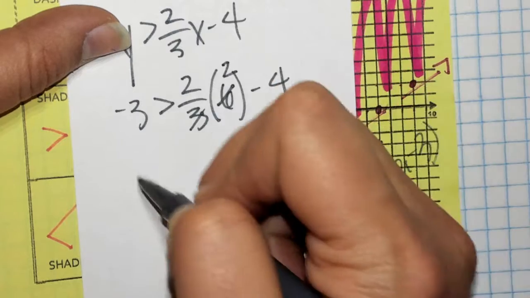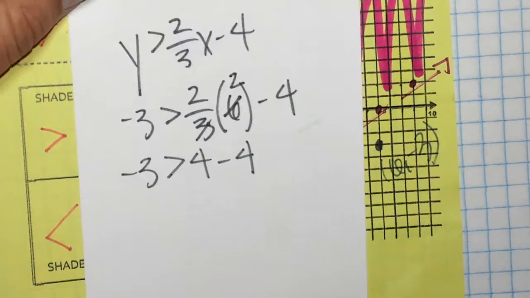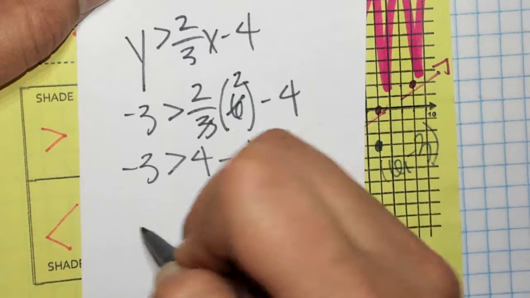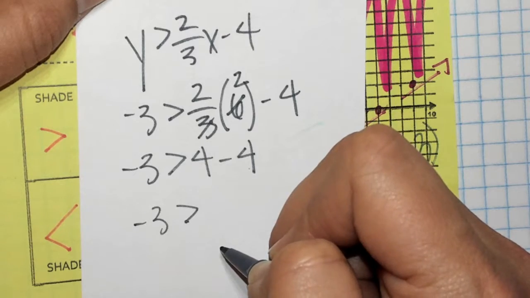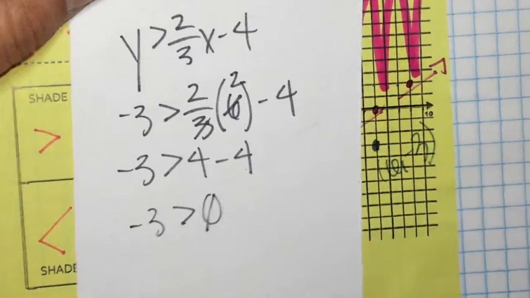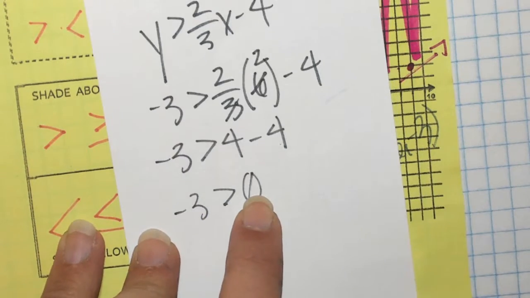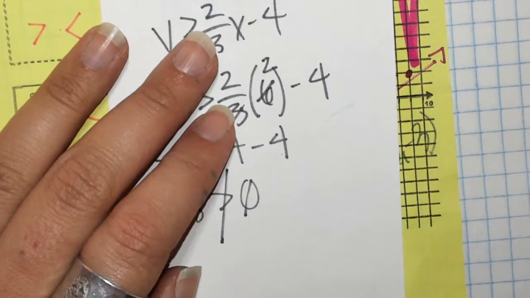Okay, and what's 2 times 2? Is everybody with me? All right, now, what's 4 minus 4? 0. Now, this says that -3 is greater than 0. Is that a true statement? No. That's why that doesn't work.